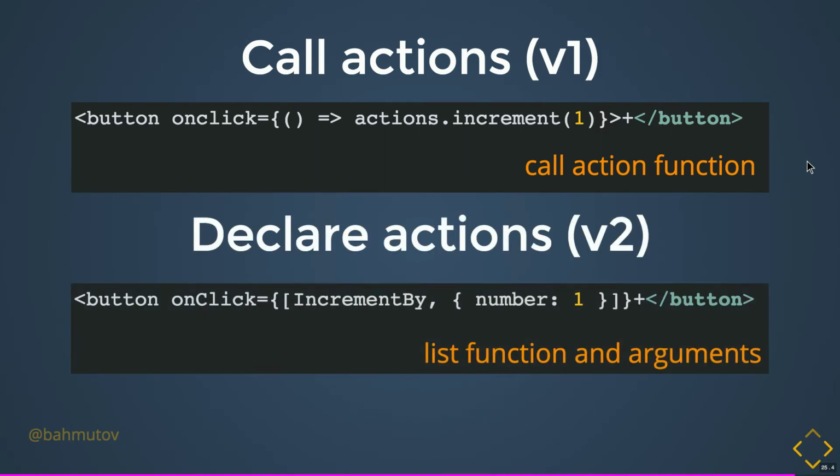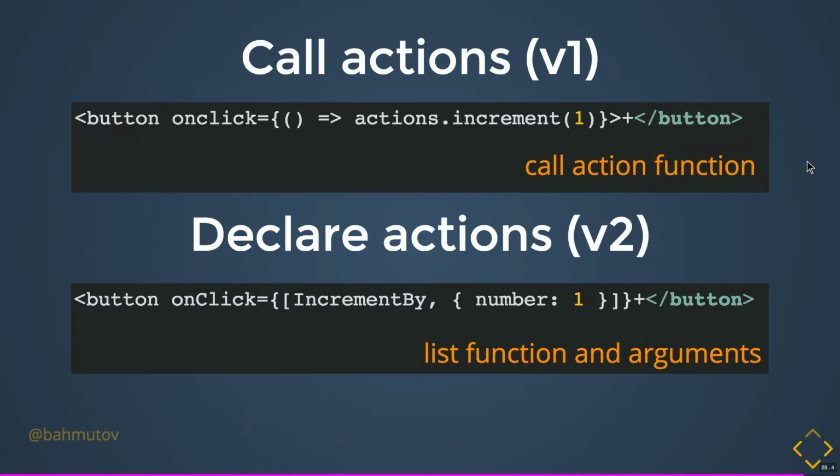So in v2, instead of invoking the function, you say on click, on an event on a page, don't call the function, just give me the name of the function, or the name of the action that you want, right? Just give me, don't call it. And give me the arguments, but don't invoke it. And then Hyperapp behind the scenes will invoke it.